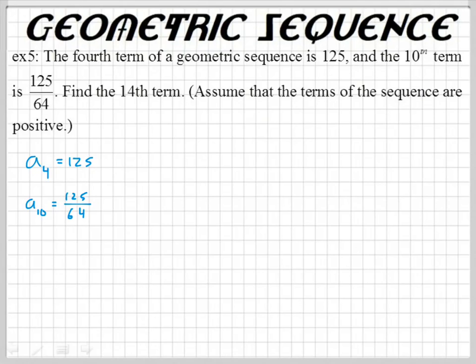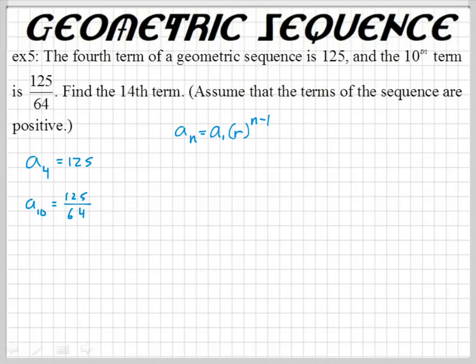But if she chose a different number, then our first term would not match our ratio. In any case, a sub n is the first term multiplied by the ratio, and the exponent just tells you how many ratios you're going to multiply to that first term to get whatever term you want.